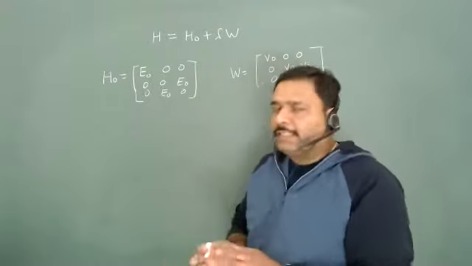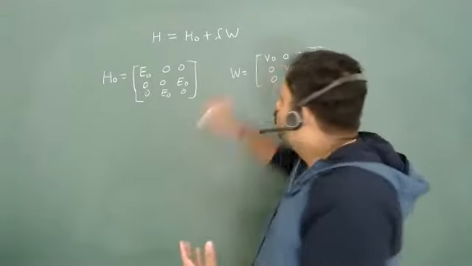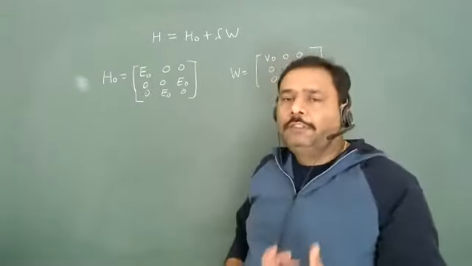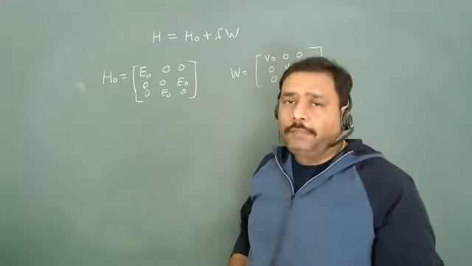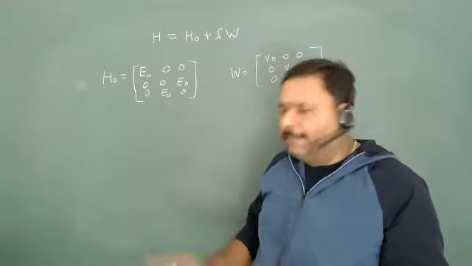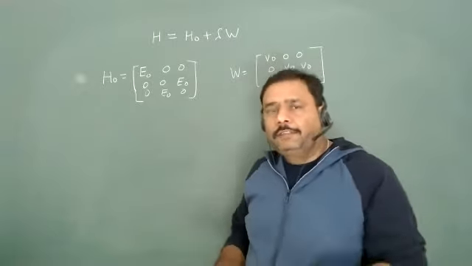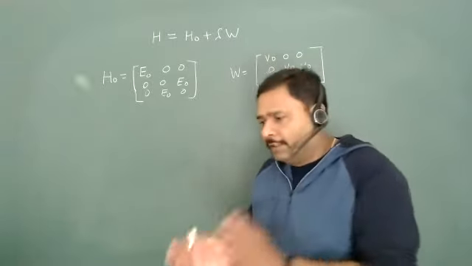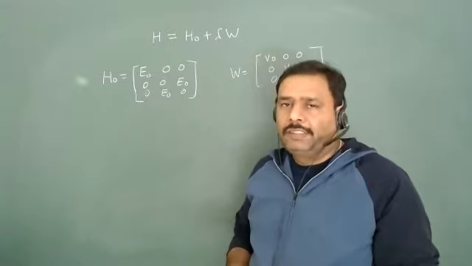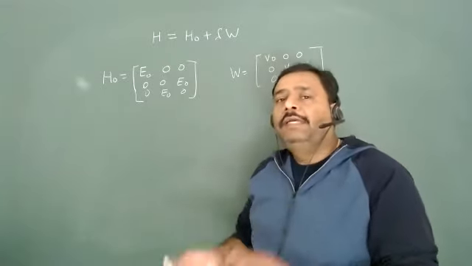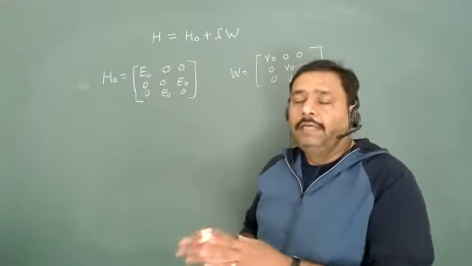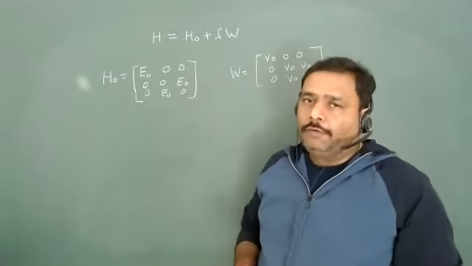Then I will discuss how we can choose this perturbation and what is the purpose of this particular perturbation. Anyway, that is a different issue. But right now, we have to go step by step such that we can get the final eigenvalues of the system.